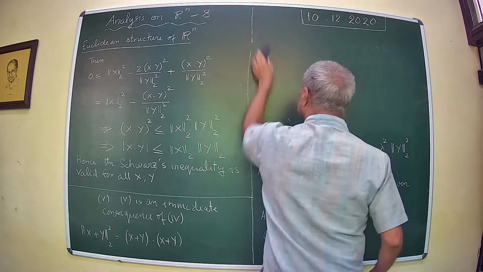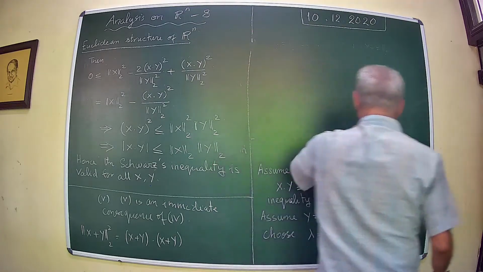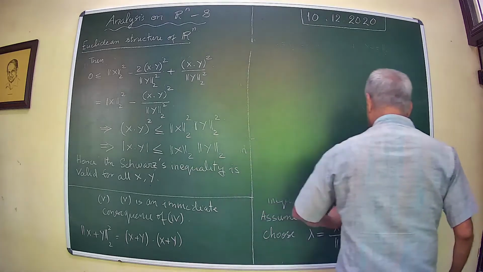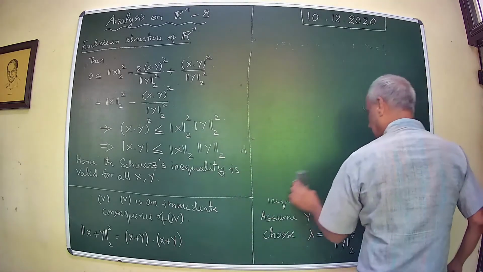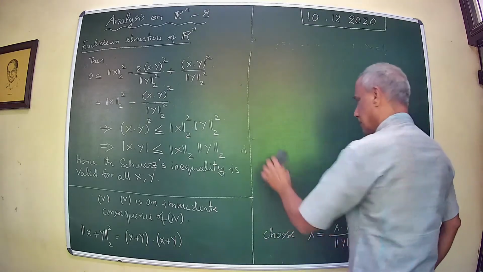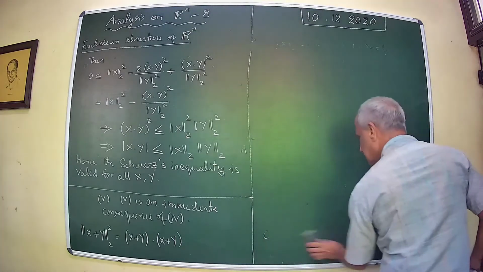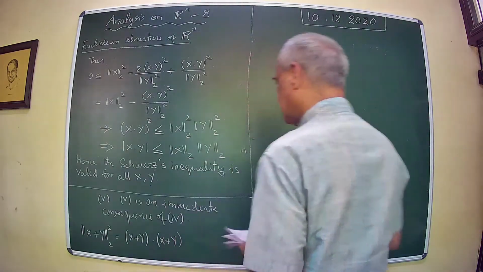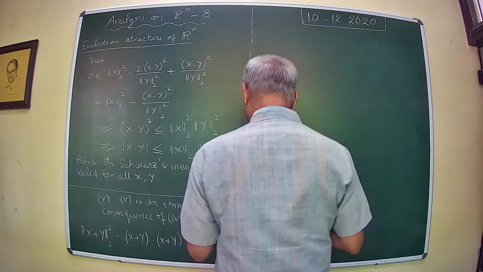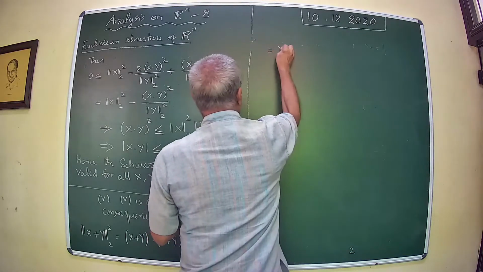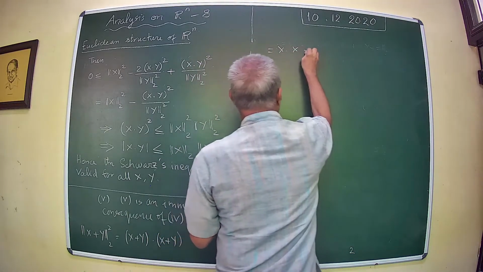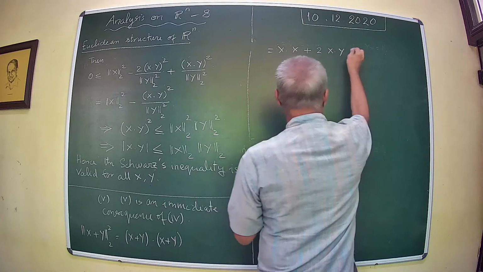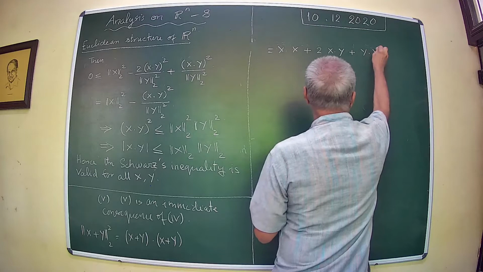Good notations help you to work through the proofs without complications. Now this is equal to norm x square plus twice x dot y plus norm y square.